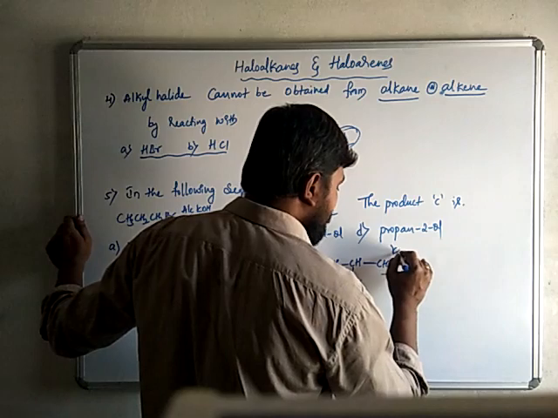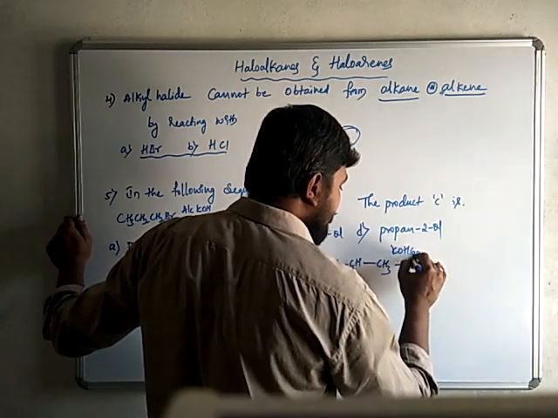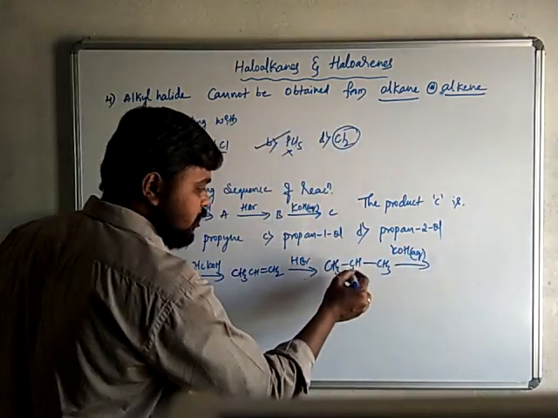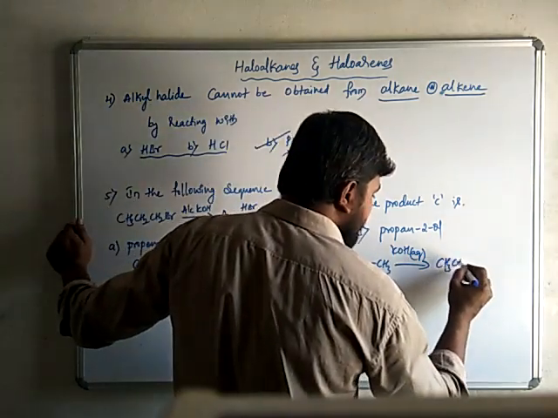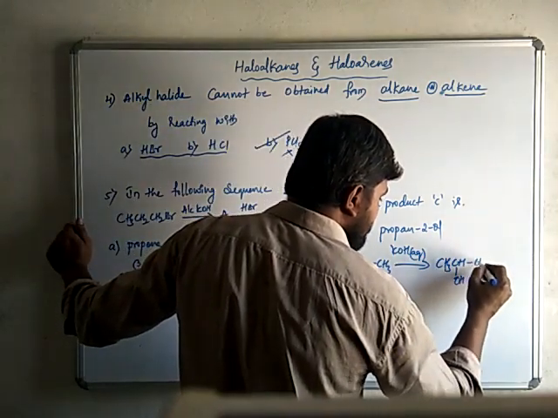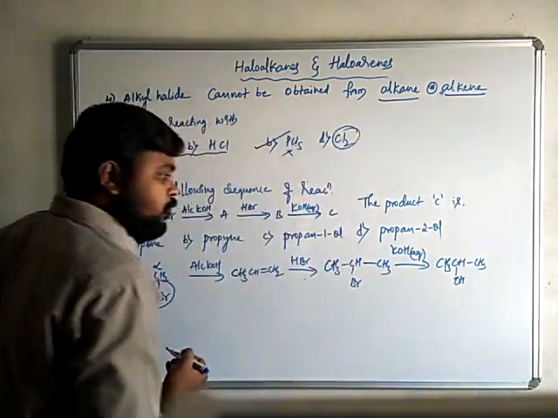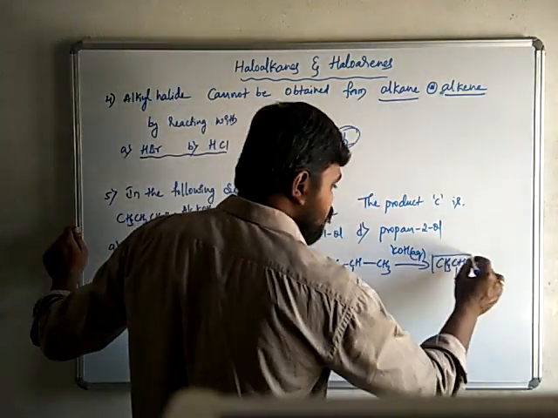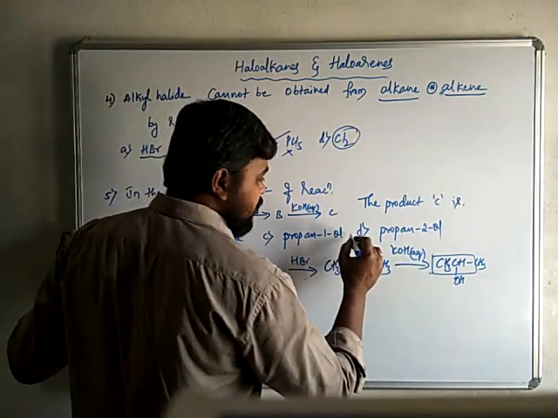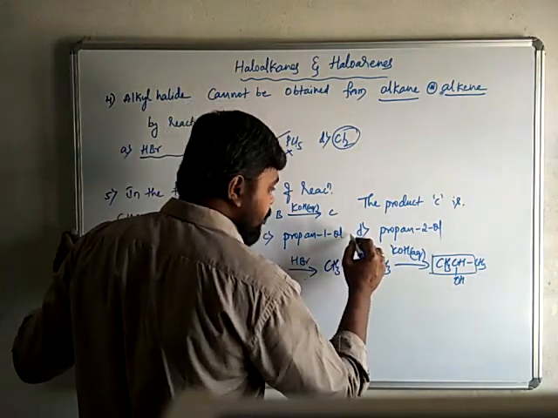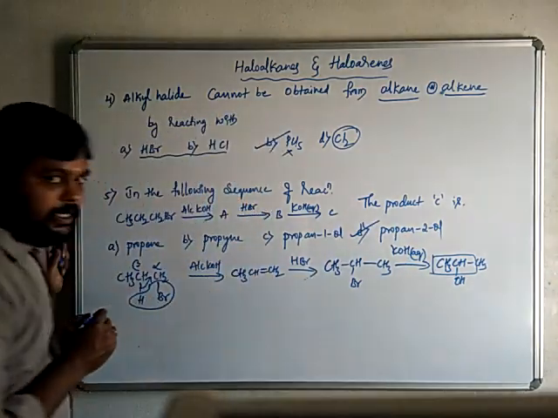Aqueous KOH is used to substitute Br by the OH group. So this Br will be replaced by OH to give CH3CH(OH)CH3. Hence the obtained compound is propan-2-ol. Hence the correct option is option D, propan-2-ol is the right answer.